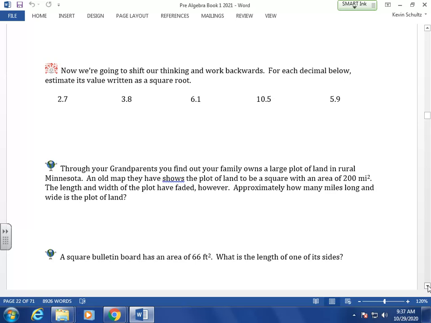Another way to think about it is, if 2.7 is the answer, what's 2.7 times 2.7 approximately? If we know that 2 times 2 is 4, and 3 times 3 is 9, what do you suppose 2.7 times 2.7 is going to be, approximately?